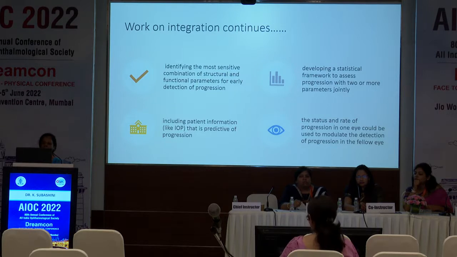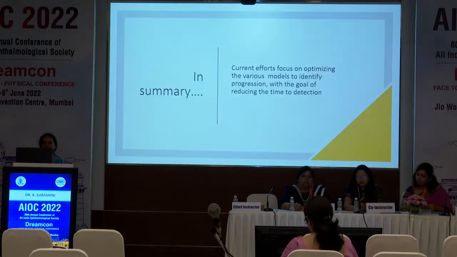The status and the rate of progression in one eye could also be used to modulate the detection of progression in the fellow eye. In summary, current efforts focus on optimizing the various models to identify progression, and this will help us reduce the time for detection and prevent blindness from glaucoma. Thank you.